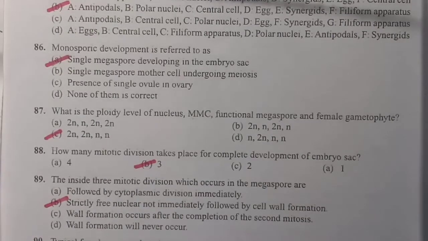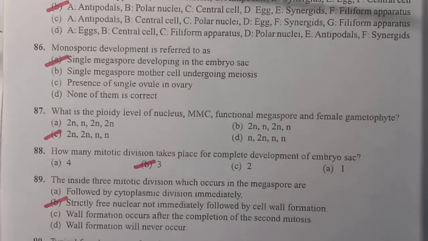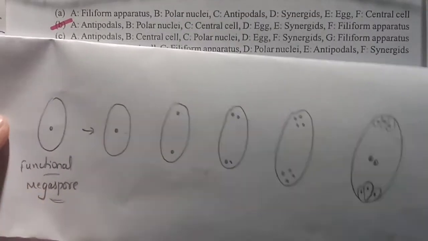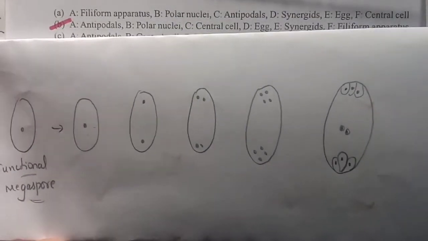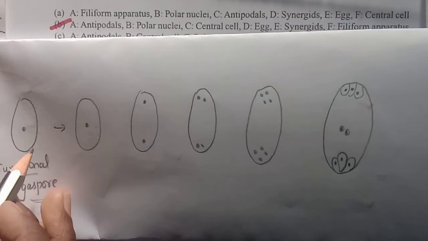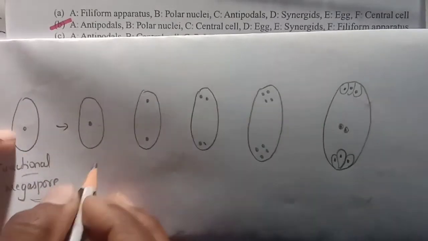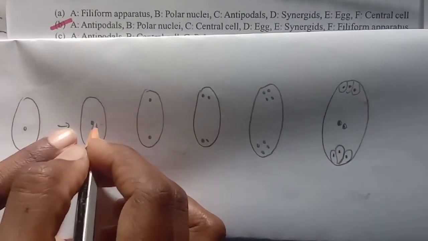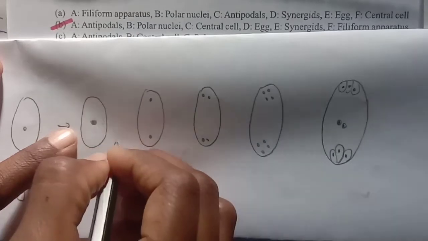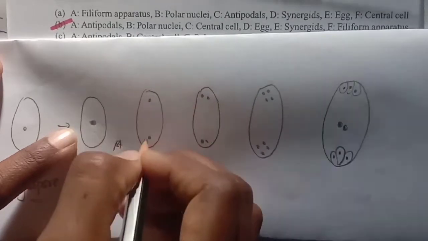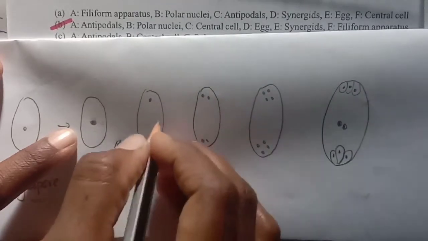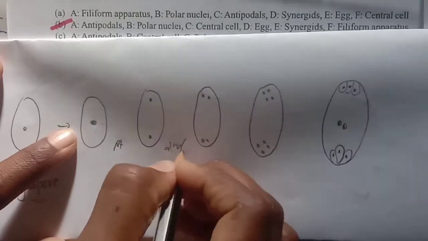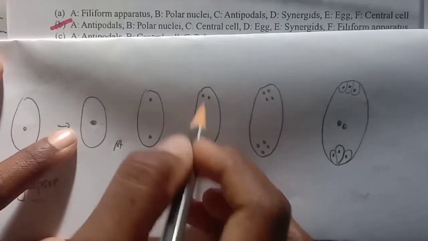So how many mitotic divisions will result in the formation of a complete embryo sac? Here, let's see one more diagram. In this diagram, this is the functional megaspore. The functional megaspore enlarges in size, and this one nucleus undergoes first mitotic division resulting in the formation of 2 nuclei, and again they undergo second mitotic division resulting in the formation of 4 nuclei.